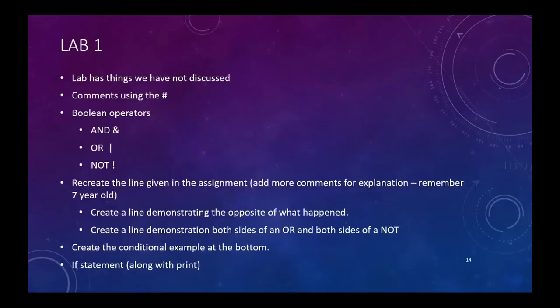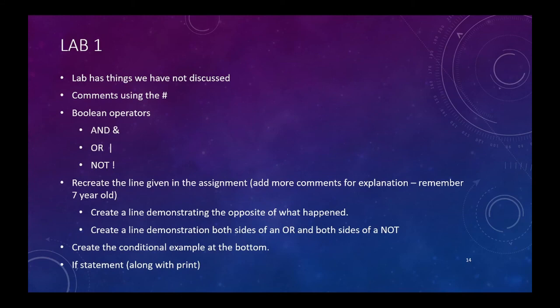Now, the lab, on the other hand, is going to have things in it that we have not yet discussed. First of all, it's going to talk about comments and how to use comments. Comments in R are made with the hashtag, and anything after the hashtag is completely ignored. So we're going to have to comment quite a bit in the lab. The second thing that we don't know about yet is Boolean operators.